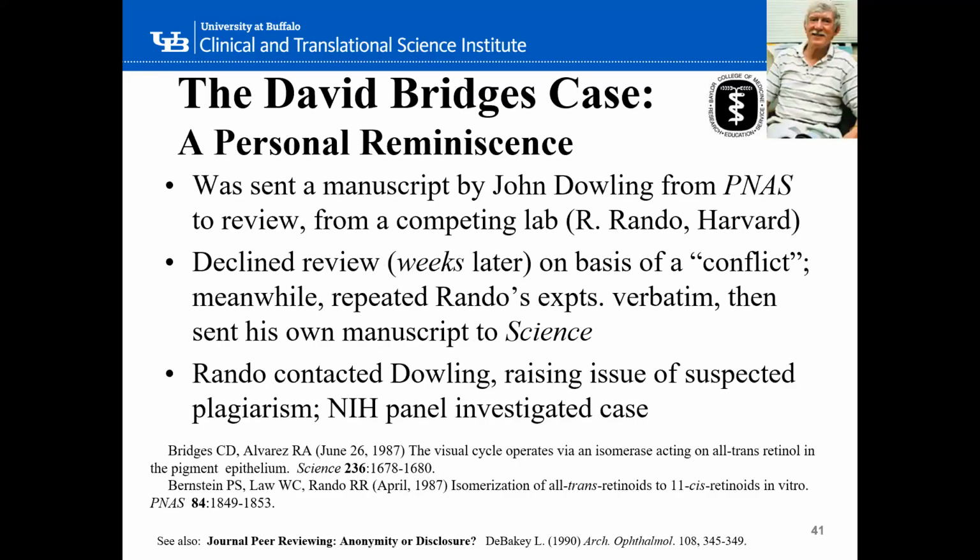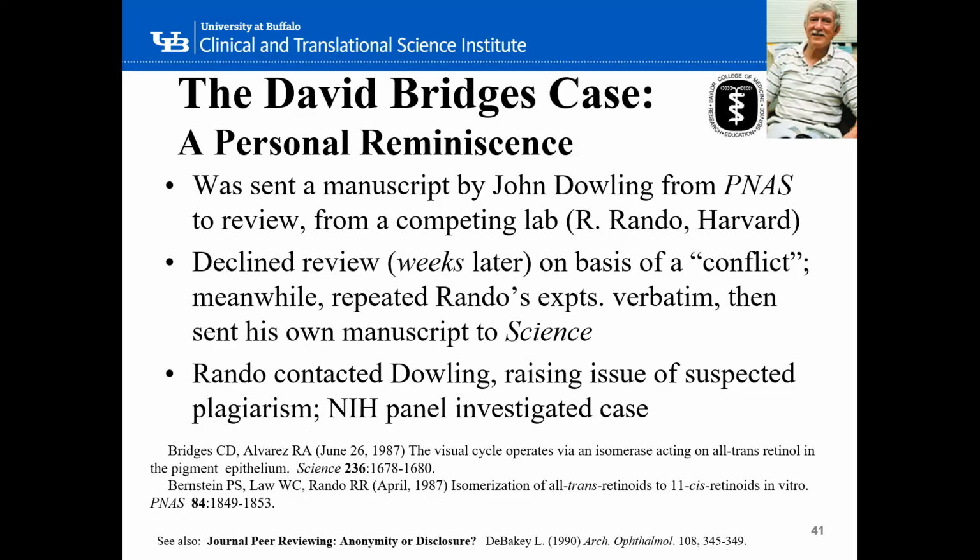And here's a case that I have personal firsthand knowledge of. At the time, this was a very famous vision scientist, David Bridges, at Baylor College of Medicine in Houston. That's where I did my postdoctoral research, and his lab was right down the hall from mine.